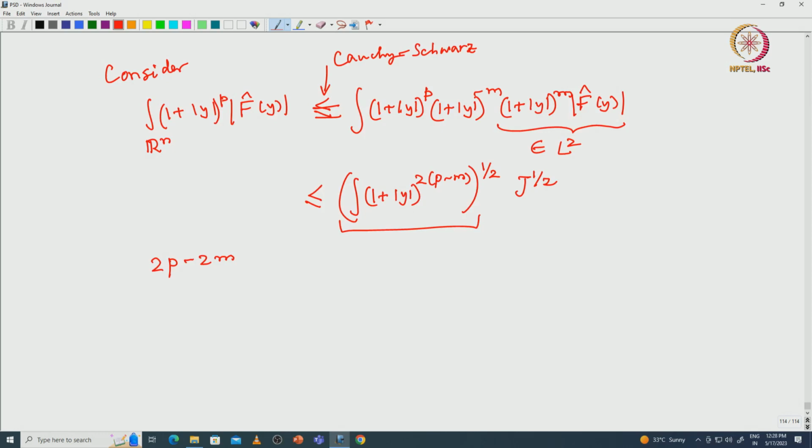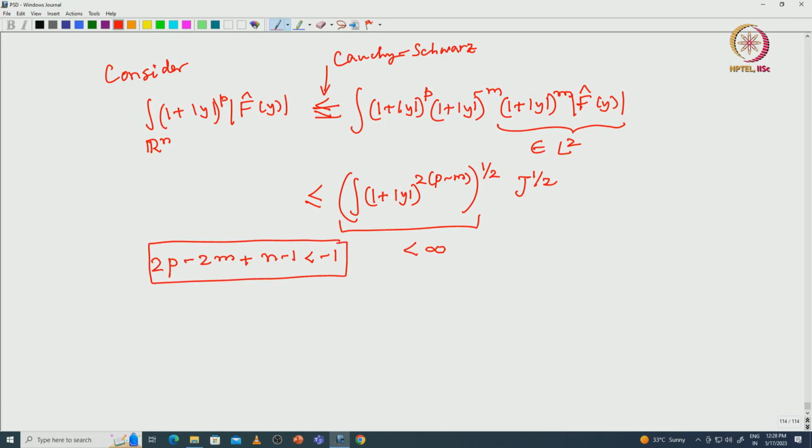So you get a factor of r^{n-1} there, and by hypothesis the exponent is less than minus 1. Because of this, the integral is finite. In fact, long back I asked you to compute that.